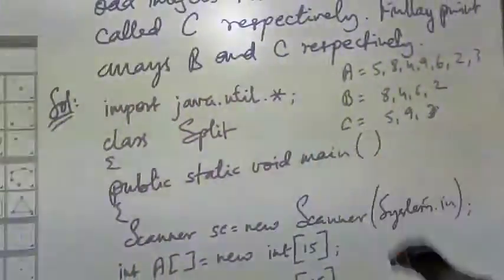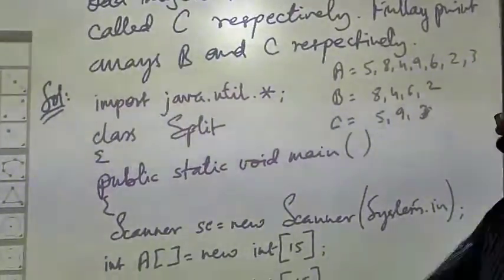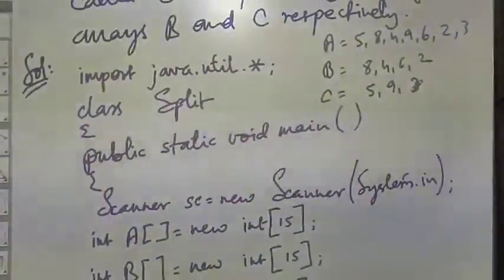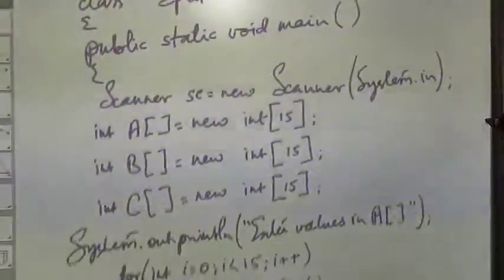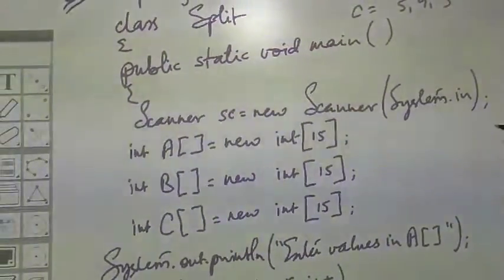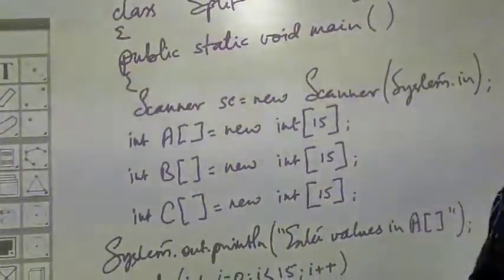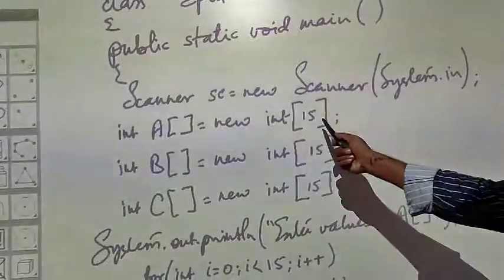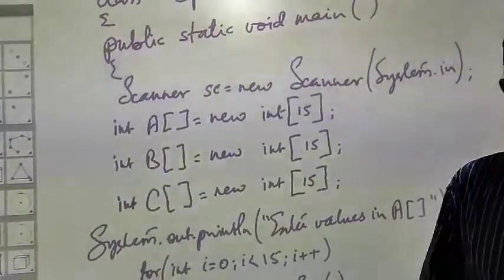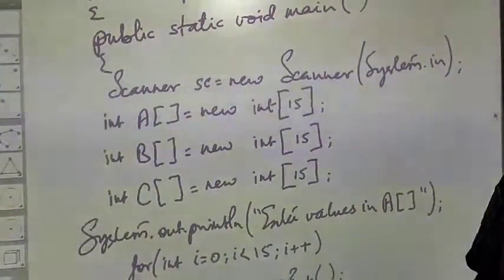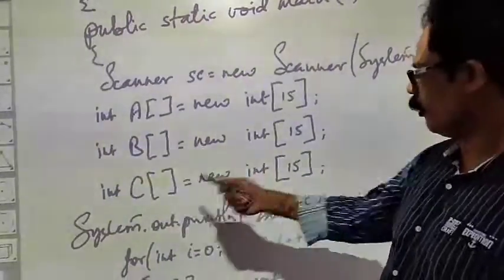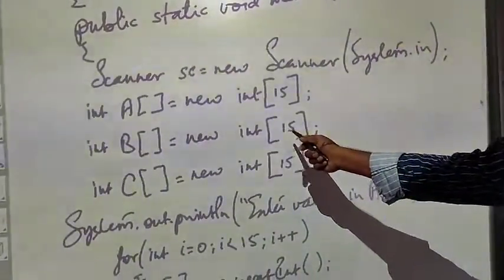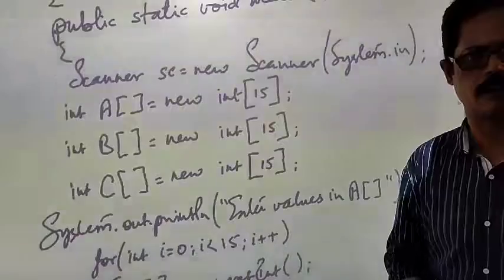So import java.util.*, class, take any name. I have taken class Split, public static void main, Scanner sc is equal to new Scanner(System.in). Declare the array A as 15, because in A we have to accept the values. Now B and C also have to be declared as 15. Why is the reason 15?